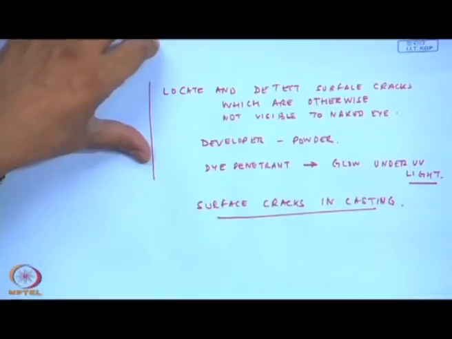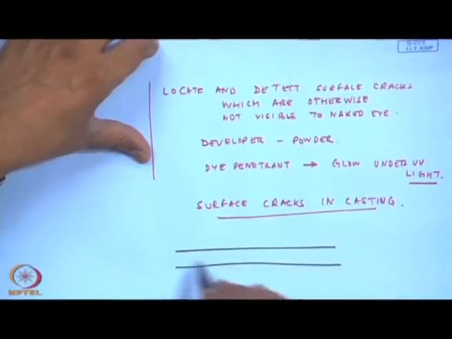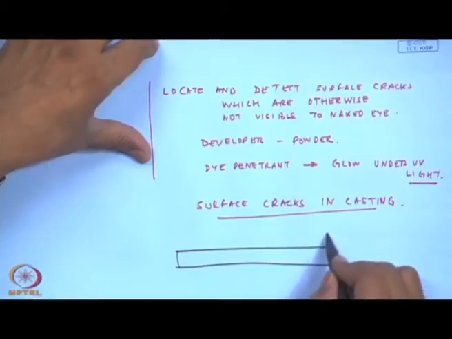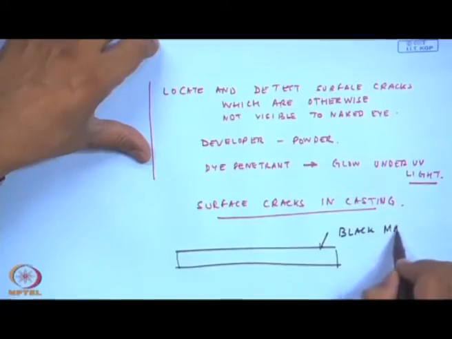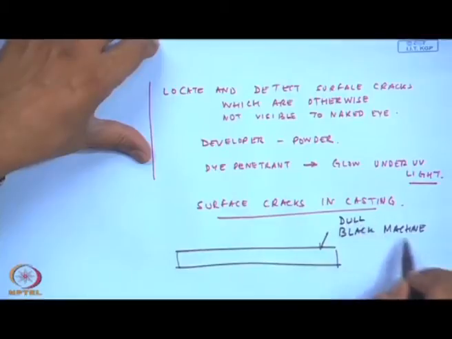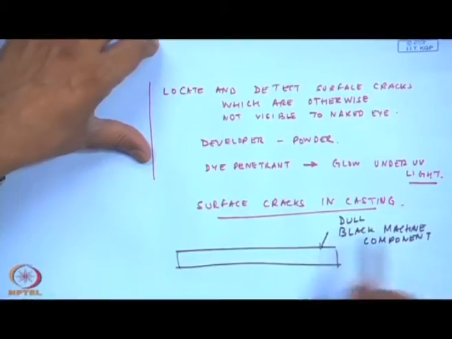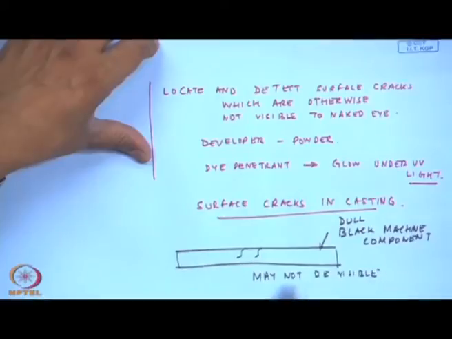I mean, imagine we have a very dull black machine component, and if there is a surface crack on it, it may not be visible to the naked eye.